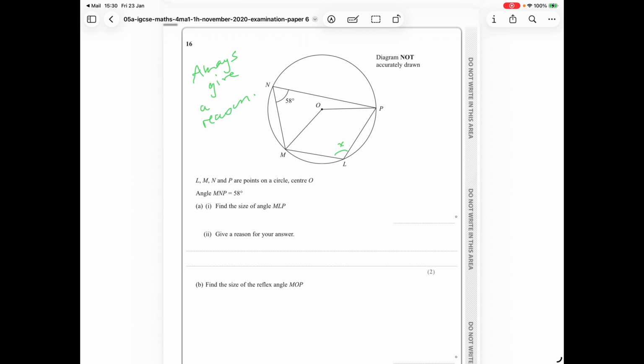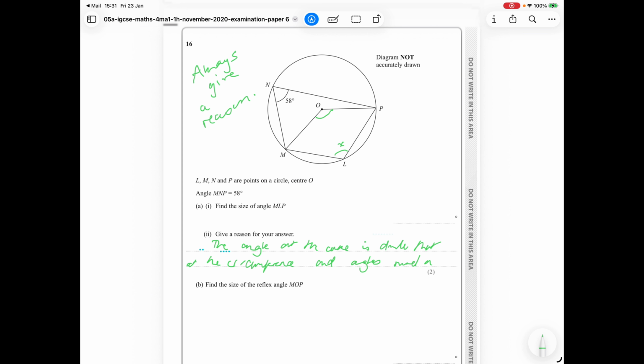Now, the thing that we need to remember is that the angle at the center is double that at the circumference, and angles around a point are 360.